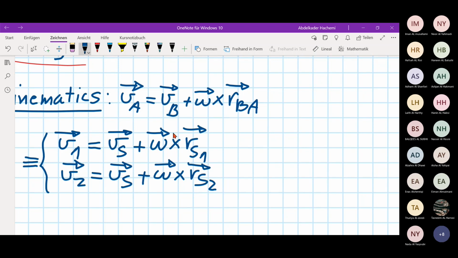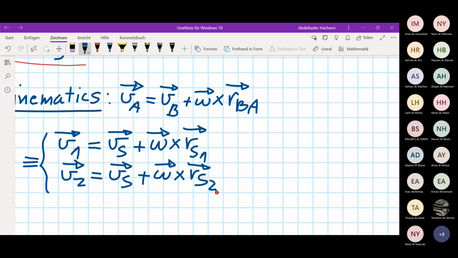Rs1 and Rs2 are equivalent to the position vector RBE. Here is the distance between the center and the mass M1. The same here is the distance, or position vector, from the center S and the mass M2.